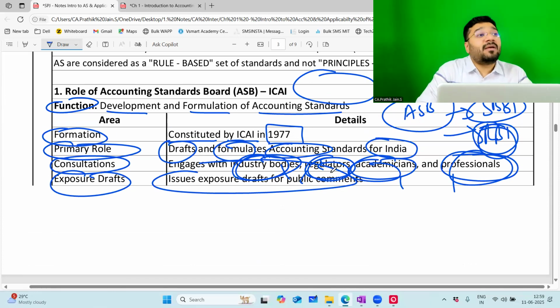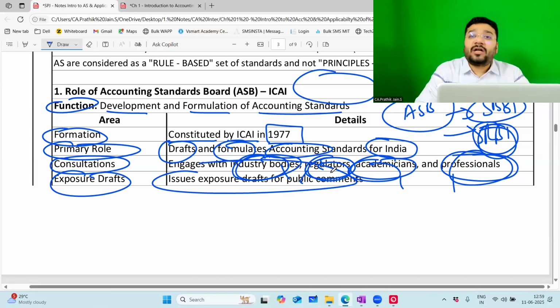Yes, so ASB is a body constituted under ICAI, with the responsibility of formulating the accounting standard, and they will recommend it to ICAI. ICAI Council will issue the AS directly to non-corporate entities who come under level 1, 2, 3, 4.